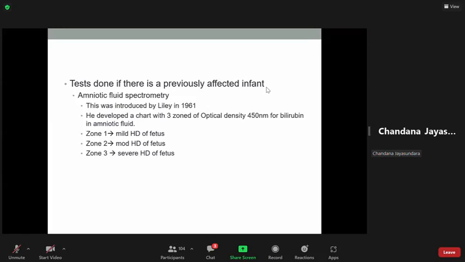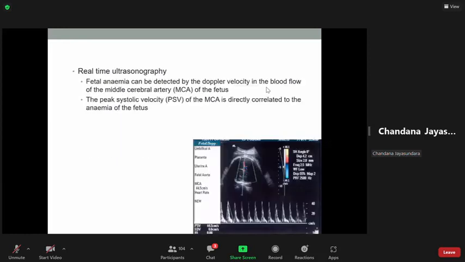If it is in the mild zone, we are okay. If it has gone to the moderate zone, we'll be careful, but we have to know that the crossing is now happening and the baby is getting little by little anemic. The more the baby is anemic, the bilirubin level increases because bilirubin is developed by destruction of red blood cells. If it goes to severe HDN, then we have to act on that. What is the action? I will tell you at the end.